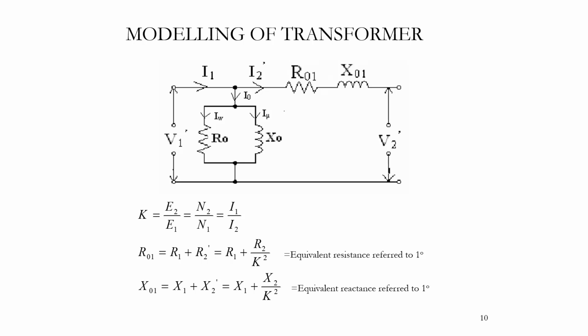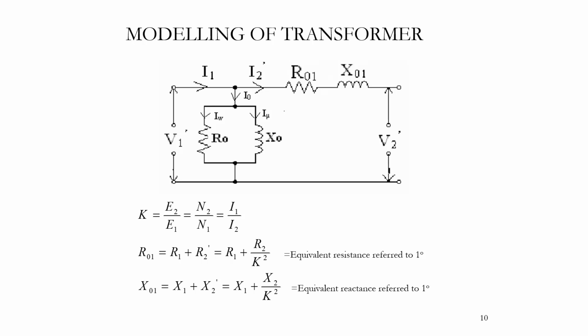Let the current flowing from the primary side be I1. I2 dash is the current referred to the primary side. Here, R01 and X01 represent the equivalent components, where R01 is the summation of R1 plus R2 dash, where R2 dash is nothing but the secondary resistance transferred to the primary side.